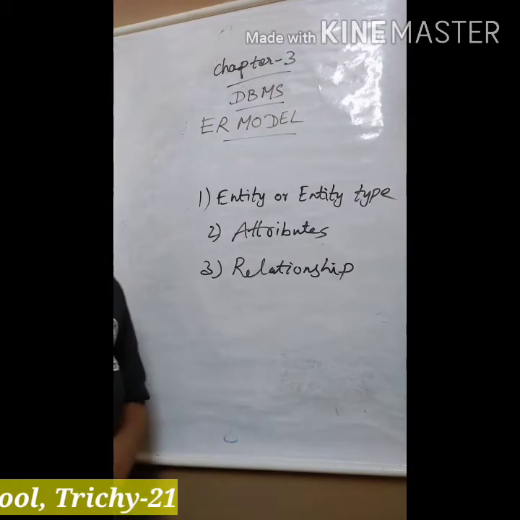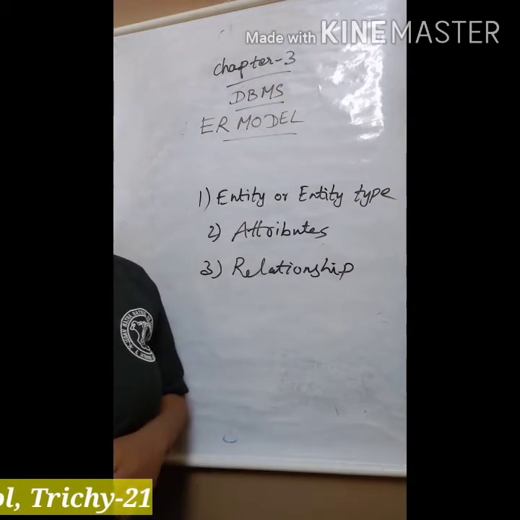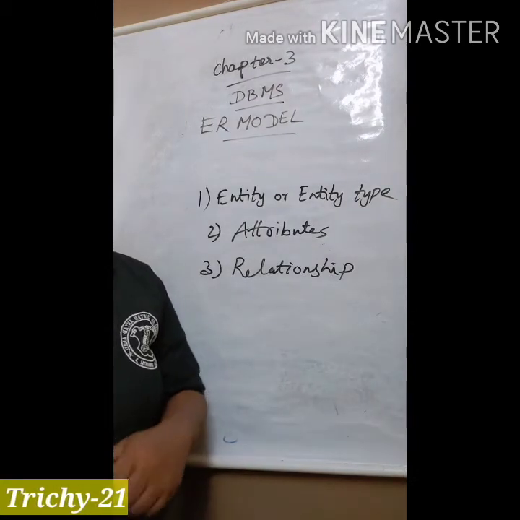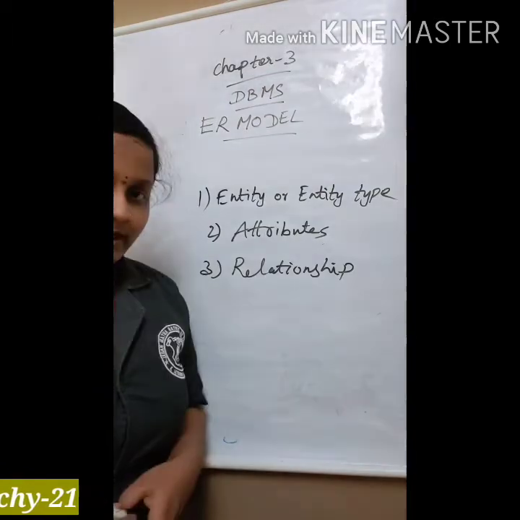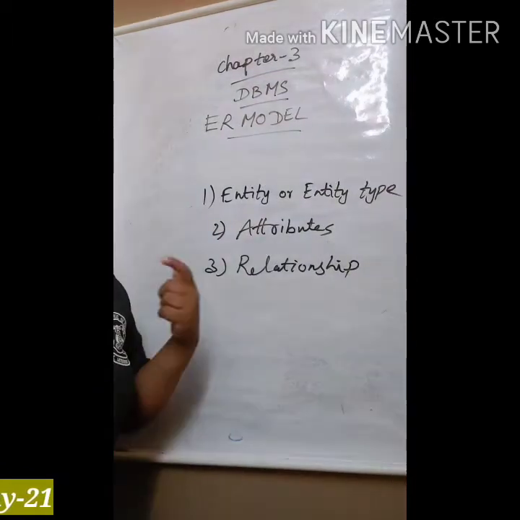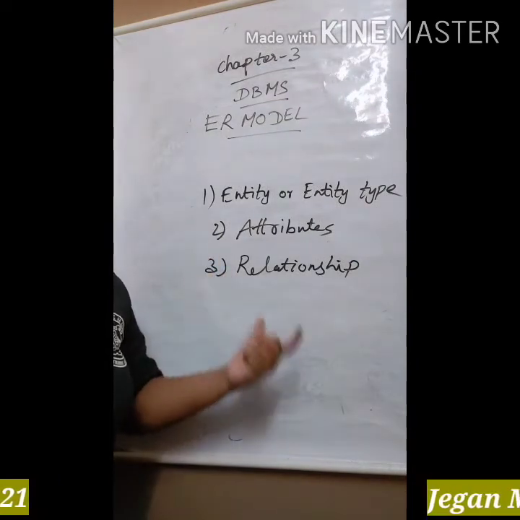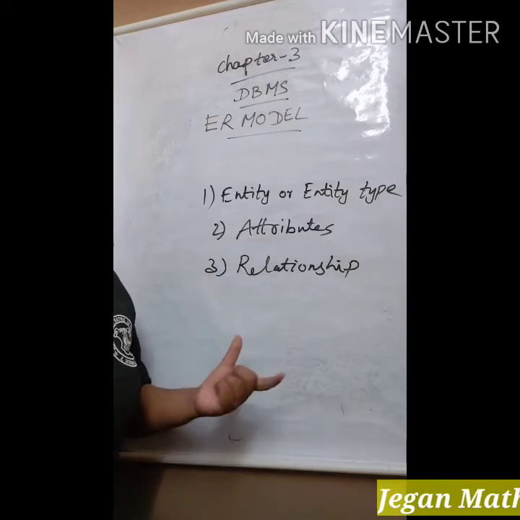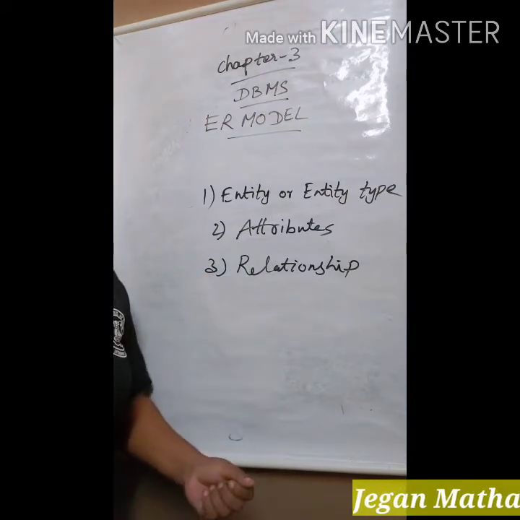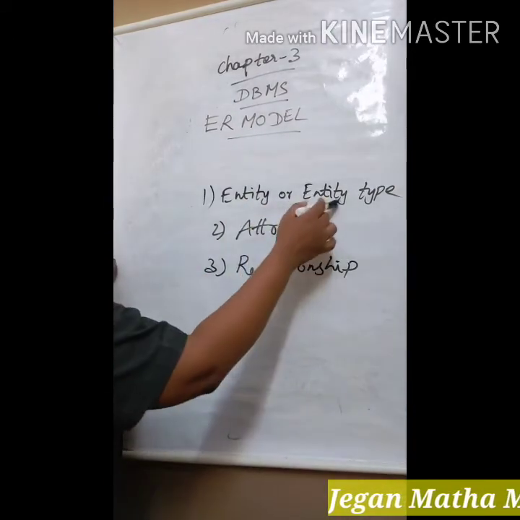These concepts will help to create an ER diagram and produce an ER model. Let us see one by one. With the help of these, any database design can be created and viewed to know the concepts in that database design. The first one is entity or entity type.